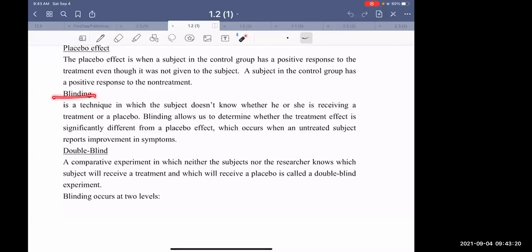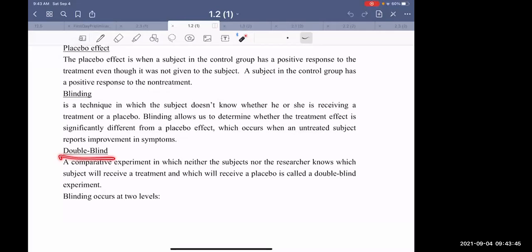In single blinding, we will not tell the subjects if they are in the control group or the treatment group. We will not tell the subject if they're receiving a treatment or a non-treatment.